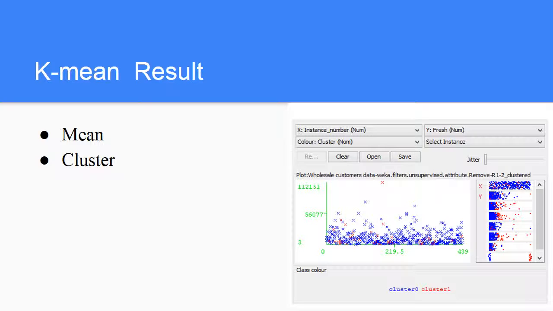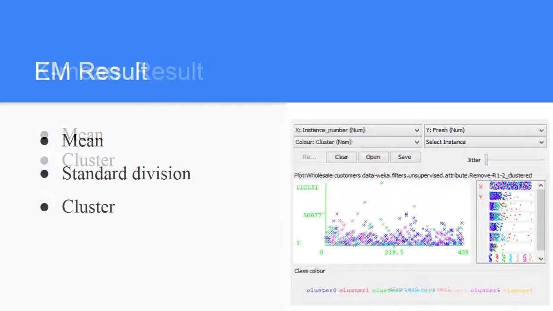So next step. This side is the EM's result. The EM result offers the mean of the product data, and also has a standard deviation.